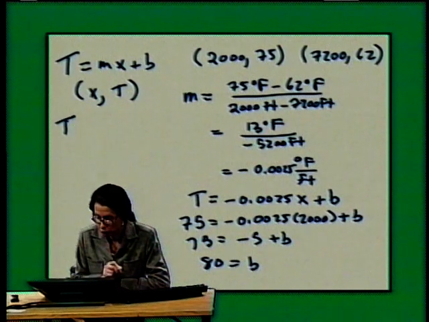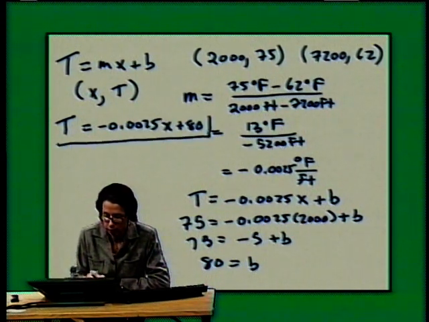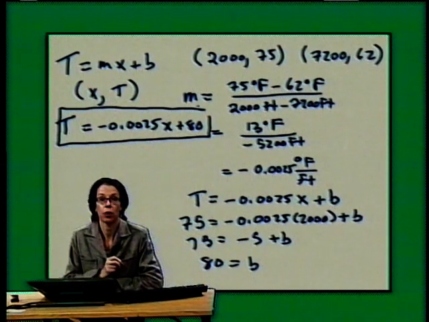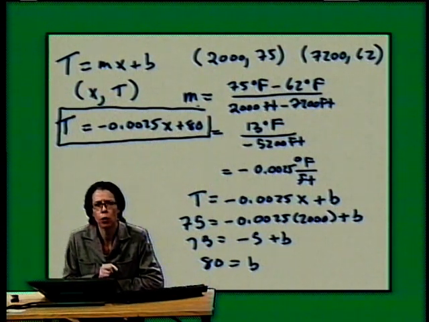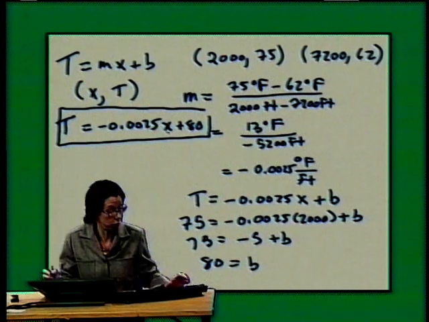So my equation should be T equals negative 0.0025x plus 80. Since I have a lot here, I'm just going to put that in a box, and I'm going to do a real quick check. I'm just going to pull out my calculator, and when I replace x with 7,200, I want to make sure I get a temperature of 62 degrees.